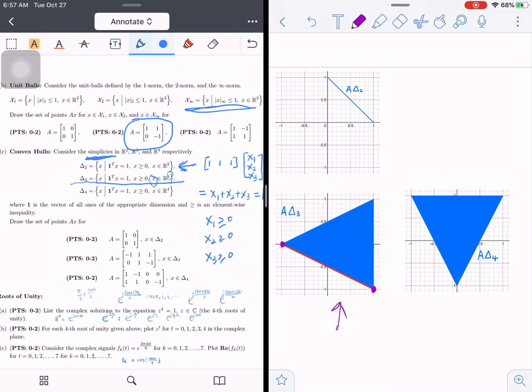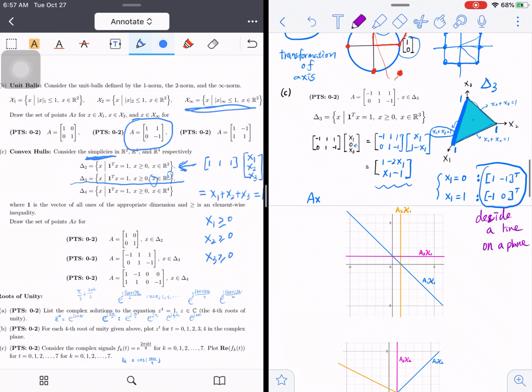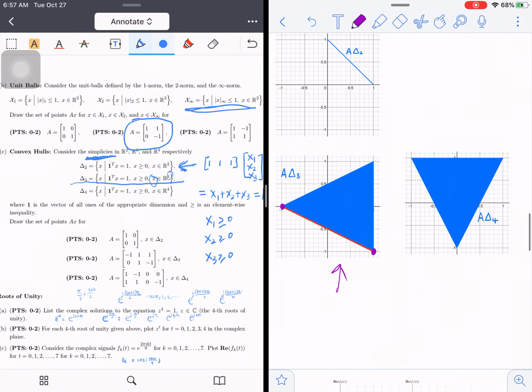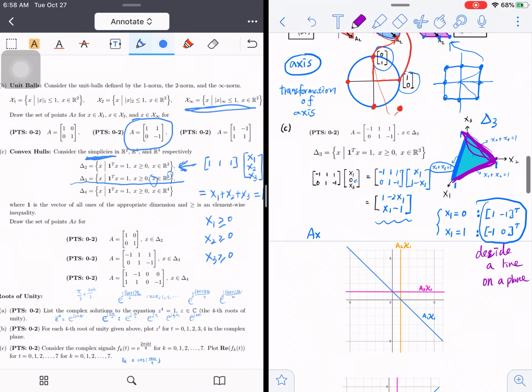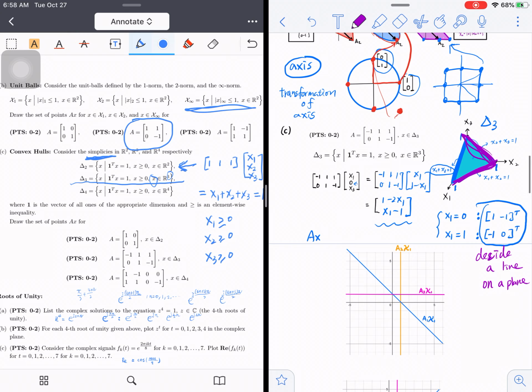Now, if you do the same thing for this line and this line, you can get here and here. Now, someone may have trouble understanding why this is a solid surface.